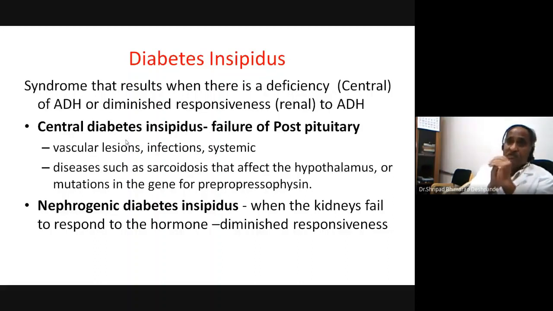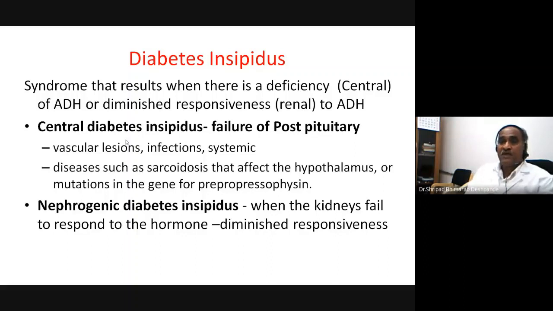That is one of the vascular lesions. The vessel goes into spasm, and that spasm results in the loss of the posterior pituitary, and this lady will lose the control of urine concentration ability, because dilute urine is passed.